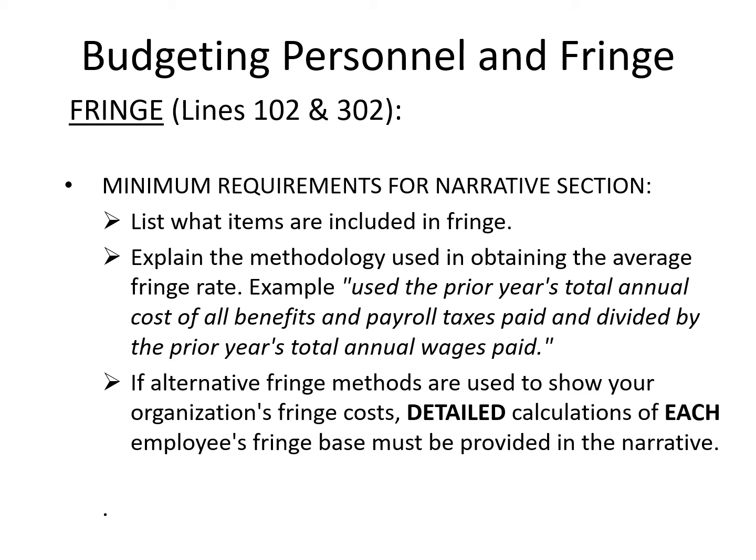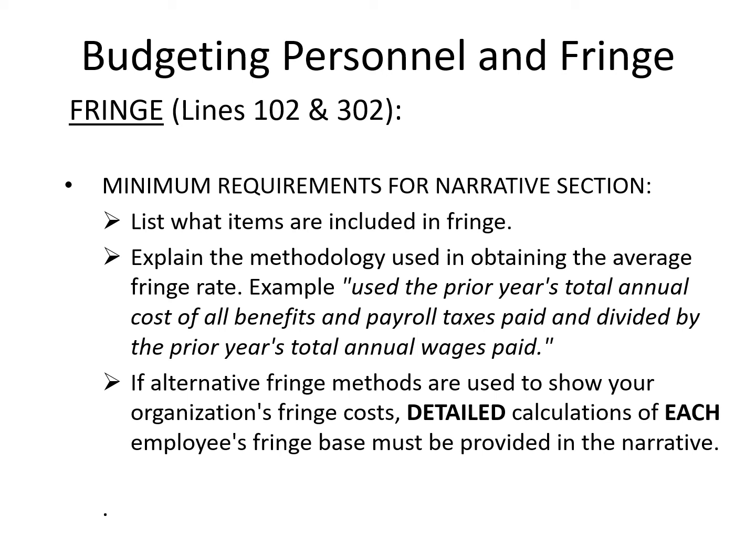As we've recommended, we suggest that you use an average fringe rate for your agency that you could apply to every employee. In that case, an example of what the narrative language might be is that you could say that you use the prior year's total annual cost of all benefits and payroll taxes paid divided by the prior year's total annual wages paid. So that would help the reviewer understand how you arrived at that percentage.